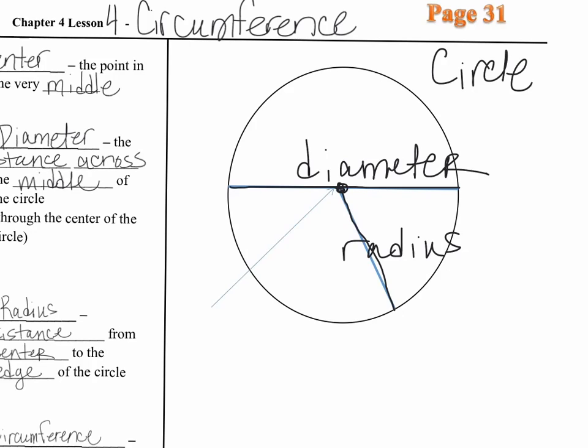The radius is half of the diameter. In the middle, that is your center. And the outside edge of the circle, which we're going to draw on the outside edge, is the circumference.